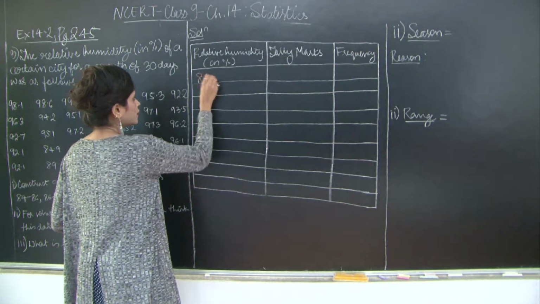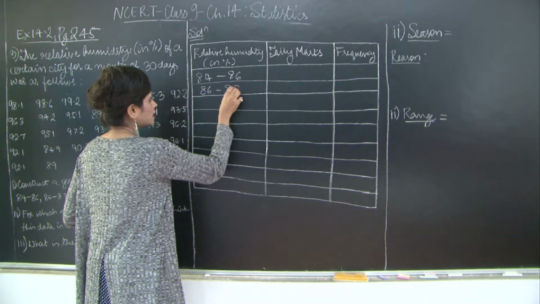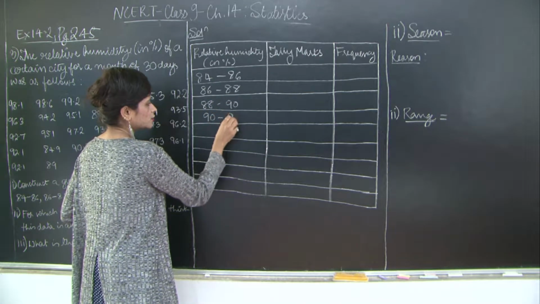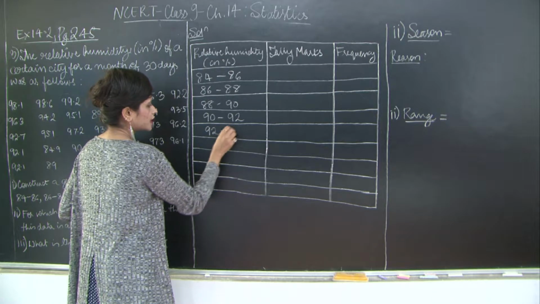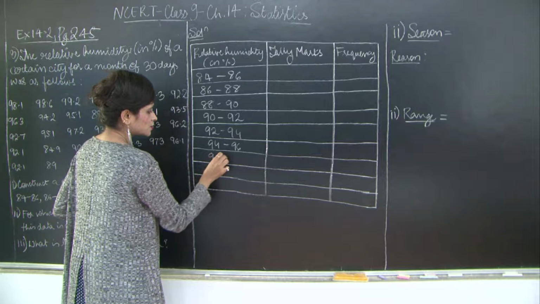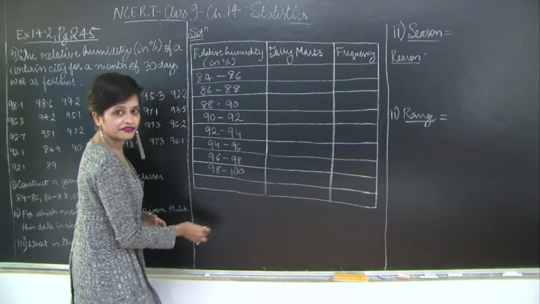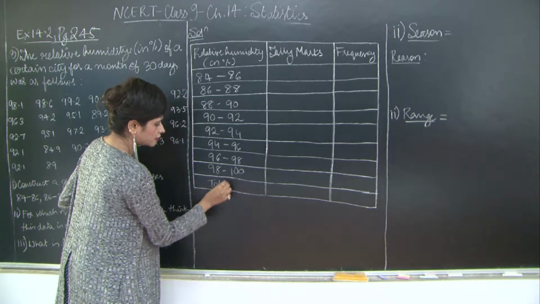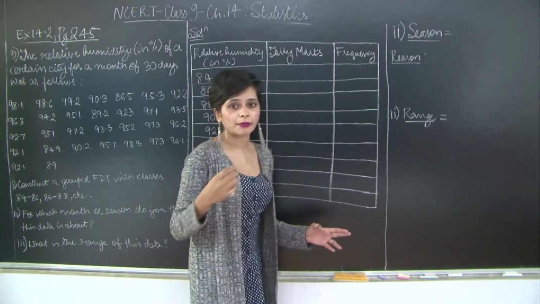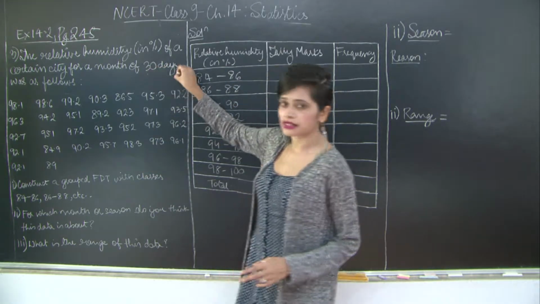I have 84 to 86, 86 to 88, 88 to 90, 90 to 92, 92 to 94, 94 to 96, 96 to 98 and 98 to 100. And finally we will do the total. The total will be listed here, where the frequency is the total number of observations, so that needs to be 30 because we have taken 30 days.